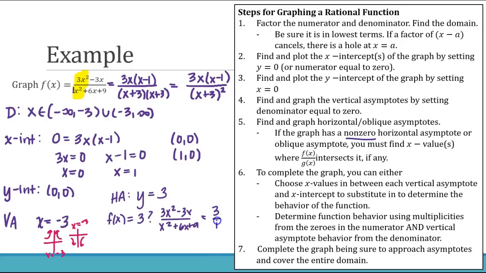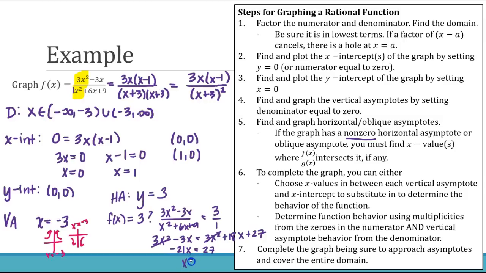Well, it's really just cross multiplying here. So if I cross multiply, I'll get 3x squared minus 3x equals, this 3 will multiply to all of these, so I'll get 3x squared plus 18x plus 27. The 3x squareds cancel. And if I go ahead and subtract 18x to the other side, I'll get -21x equals 27.